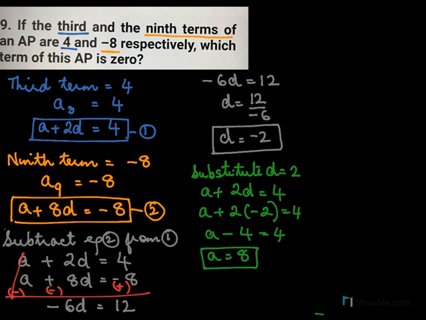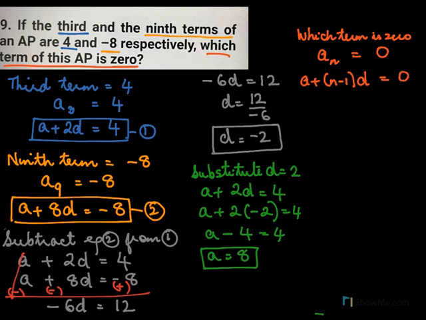The last part of the question says, which term is 0? So they are saying which term is 0, which means which term is an? We don't know which term. Equal to 0. So what is an? a plus n minus 1 d equal to 0. Our a is 8, we already found that. n minus 1, our d we found is minus 2, equal to 0.